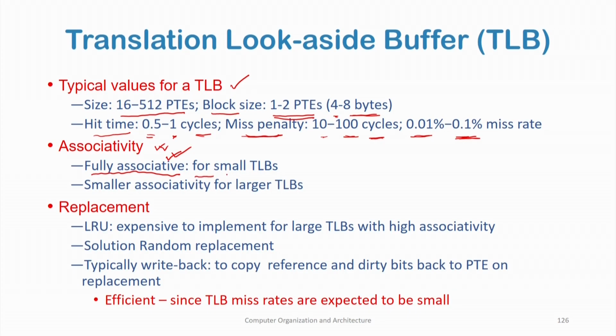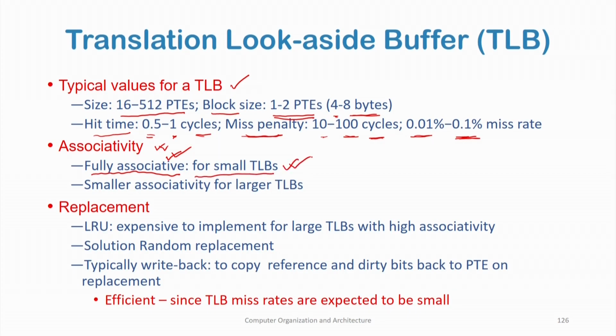The drawback is that when it is fully associative, all the entries of the TLB must be searched in parallel for the tag. Therefore, the search time and also the replacement time, as we will see later, become high, and the cost of a fully associative TLB is high. This is affordable for small TLBs.